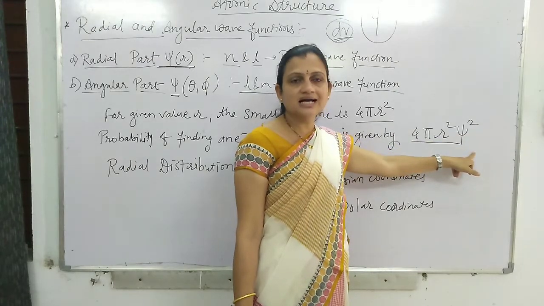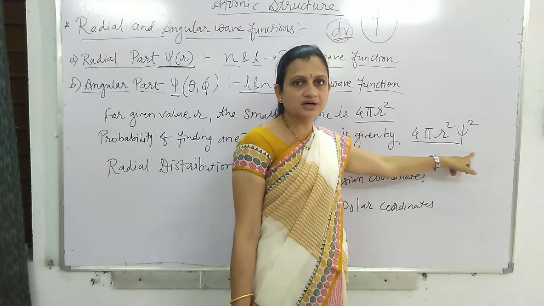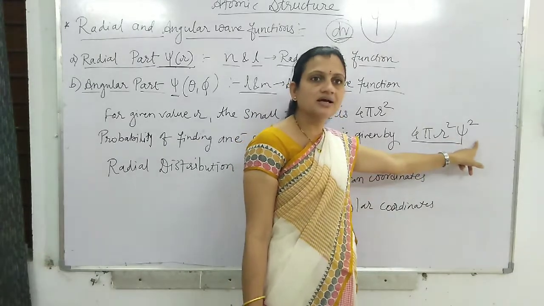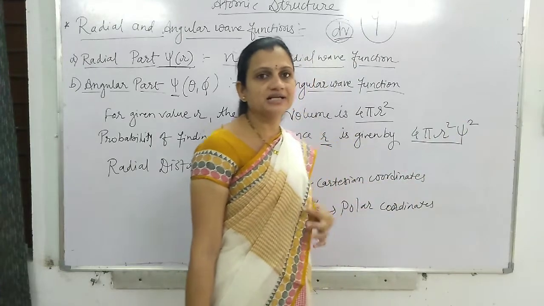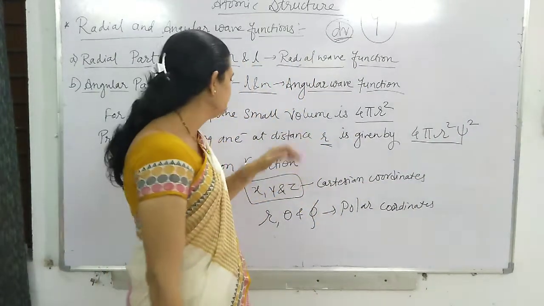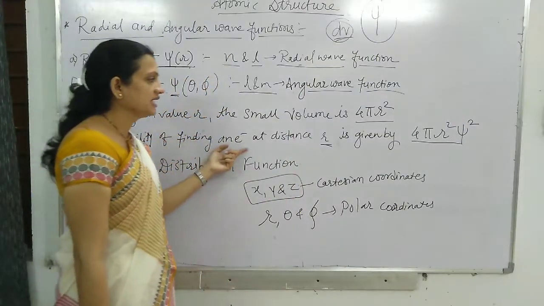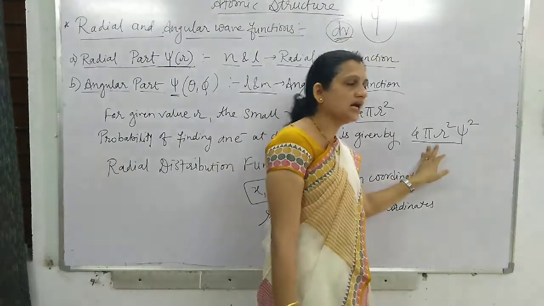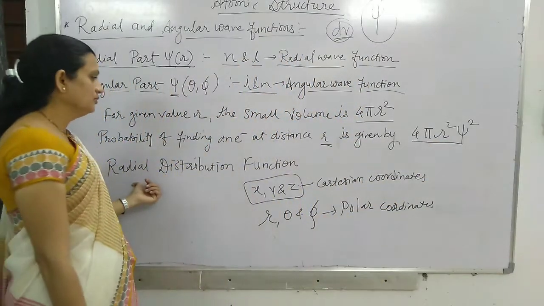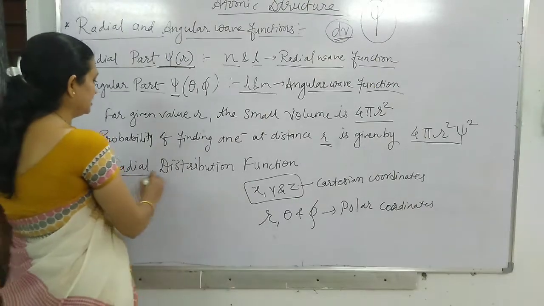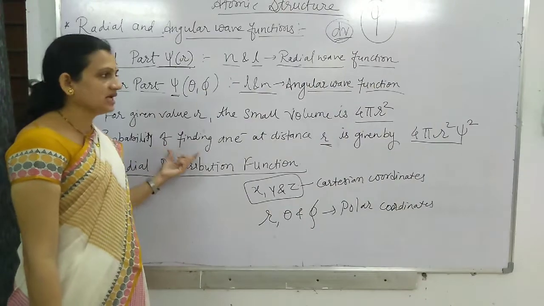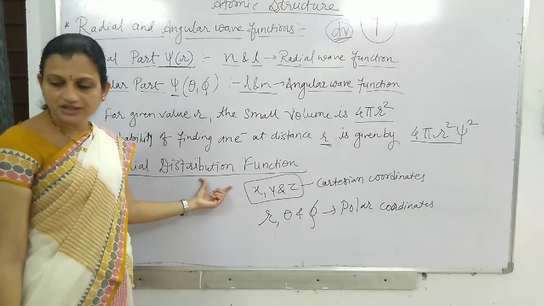Because a single psi does not have any physical significance, but psi square represents the probability of finding an electron in the given volume, in the given region. Therefore, the probability of finding an electron at distance r is given by 4 pi r square psi square. This is known as the radial distribution function.